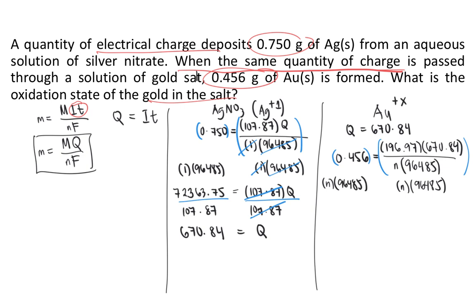On the right side, the n cancels out and the 96485 cancels out, so what is left is 196.97 times 670.84. On the left side, we have n times 0.456 times 96485.